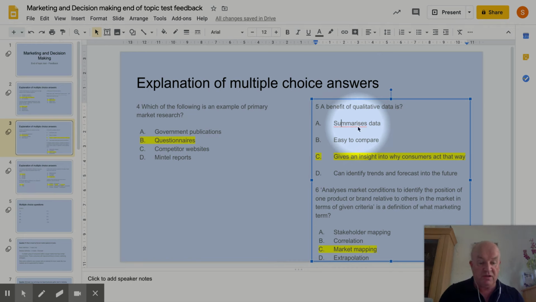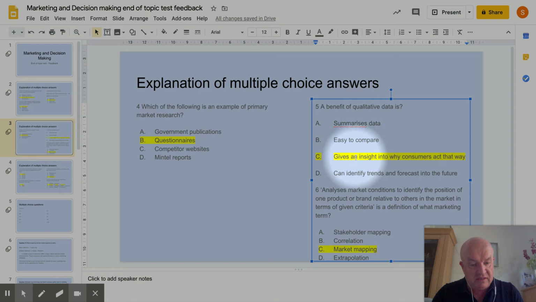Qualitative research is much more about how people feel and the reasons for their feelings and their attitudes. So in this instance, the benefit of qualitative data is that it gives insights into why consumers act the way that they choose to. So question 5 is answer C.